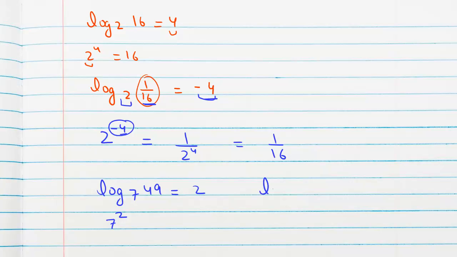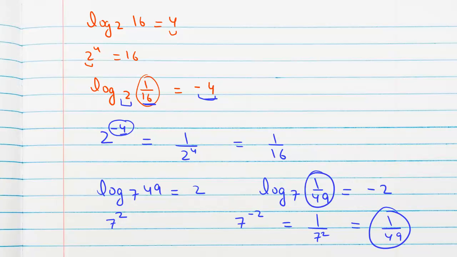But when we have log base 7 of 1 over 49, what happens? Remember, the answer is the same, but we will have a negative sign. Okay, because 7 to the power negative 2 is the same as saying 1 over 7 squared. That is 1 over 49, so this statement and this right here are exactly the same.